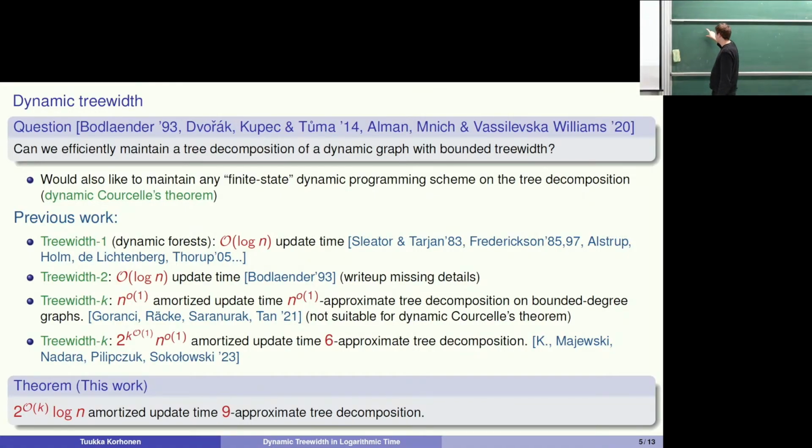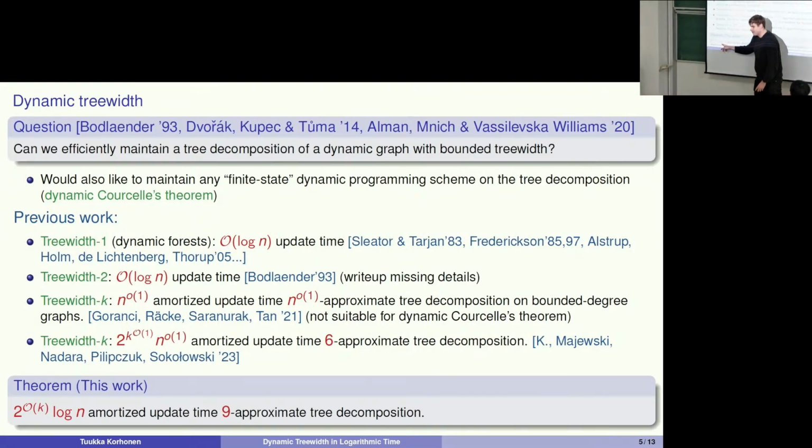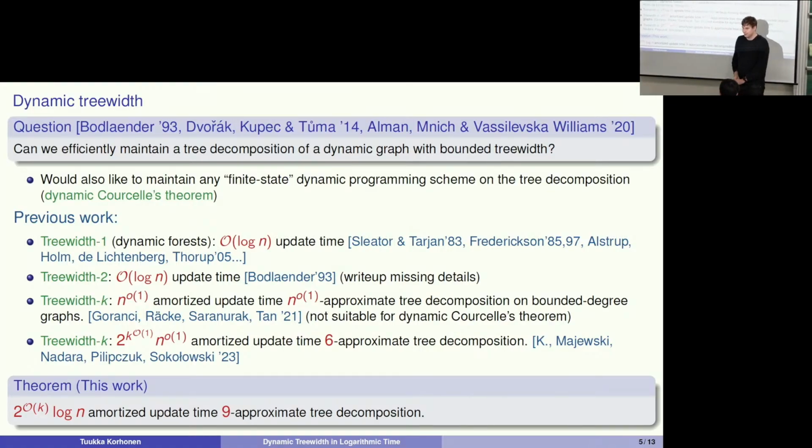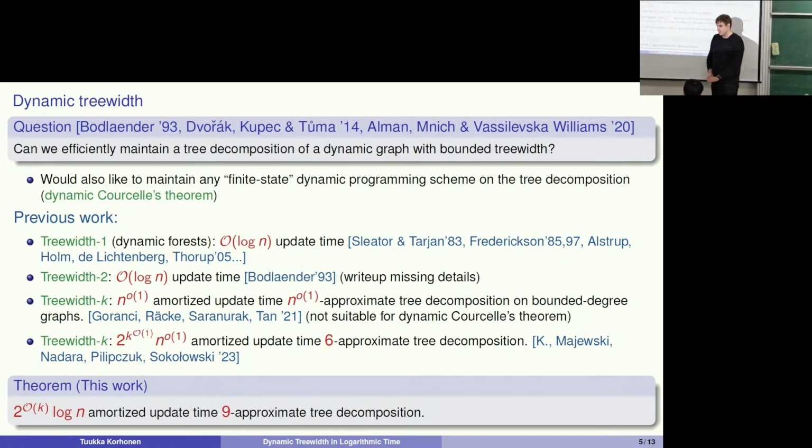Over the first T updates, the running time is T times this, and that's in the worst case. So during the first T updates, the running time is T times 2 to the O of k times log n, assuming you start with the graph without any edges.